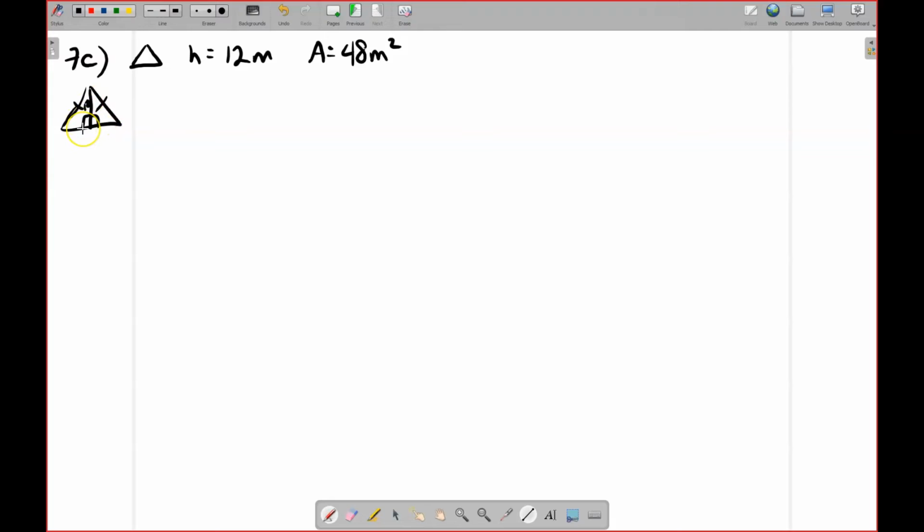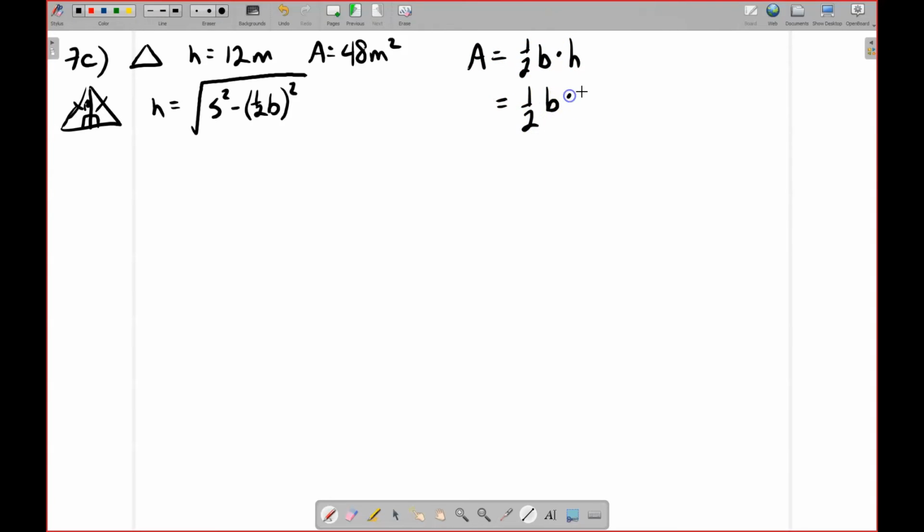So to find the base, we have to remember that we've got our formula that says height is equal to the square root of s squared minus 1/2 base squared. And we've been given the area as half the base times the height. We don't have the base, we do have the height, and we've been given the area.